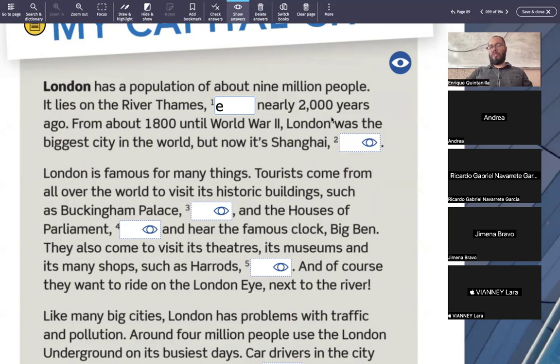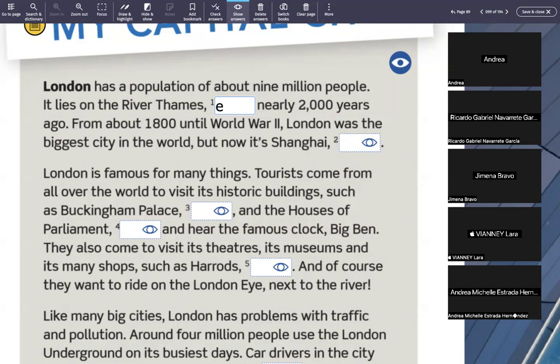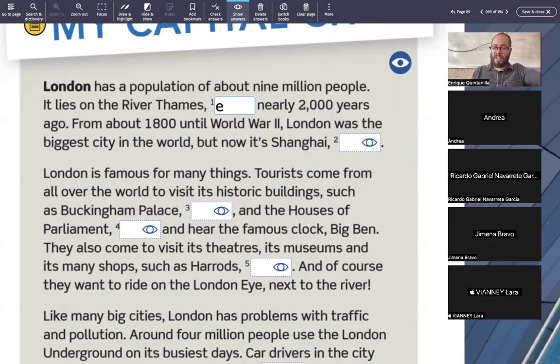Richard says C, and the others. What's the letter, guys? Era homework, ¿eh? Ya vi que no hicieron la tarea. You didn't do homework. What is the answer? Vianney, Andrea, Michelle, Jimena. Here the answer.